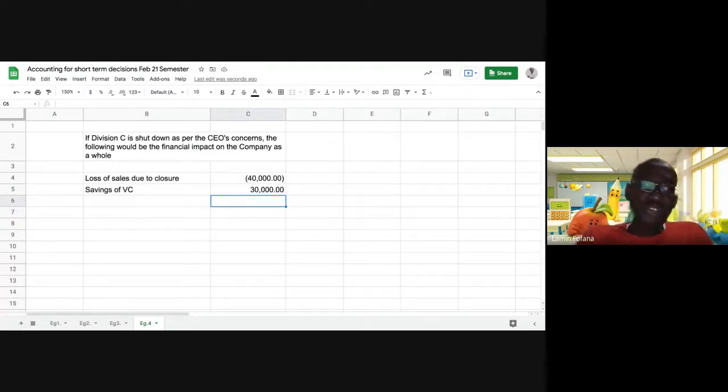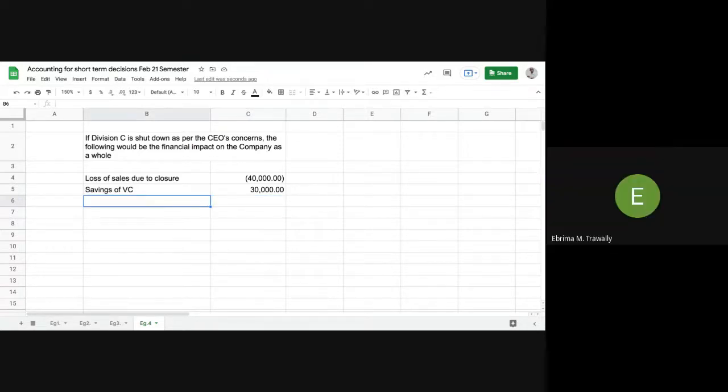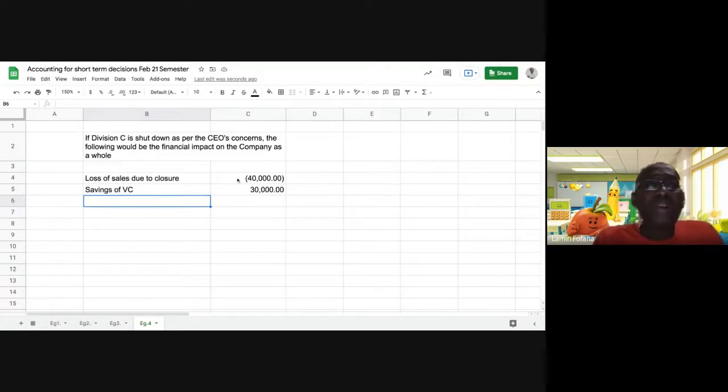If we lose sales, we are not going to lose everything, but at least we'll make savings. If we lose sales relating to Division C, any cost that you can trace to Division C will be a savings. So now when we compare loss of sales and the savings of variable costs, we'll have a fall in contribution.